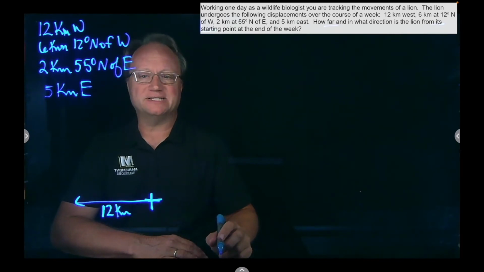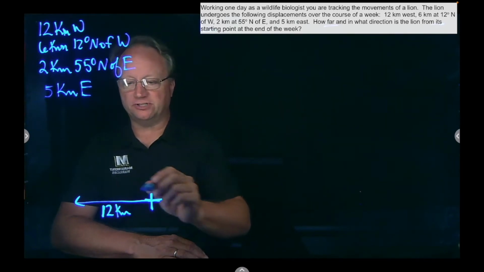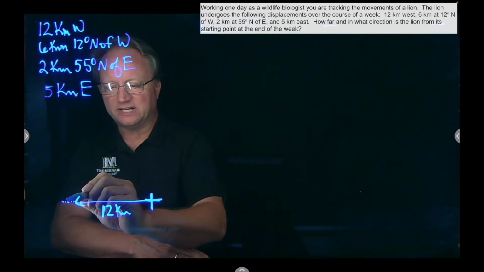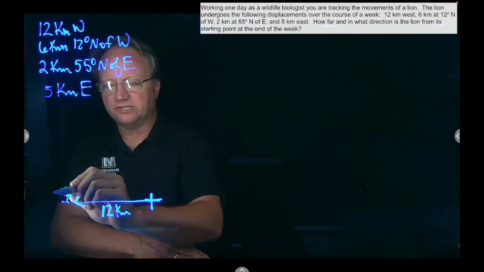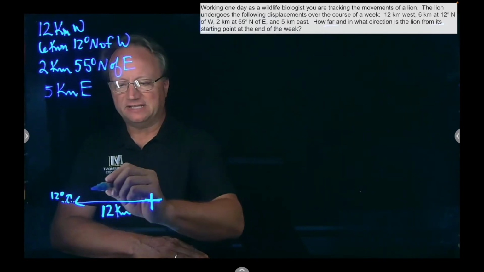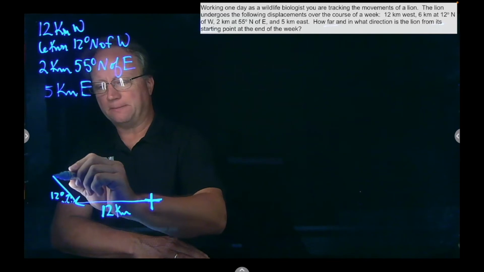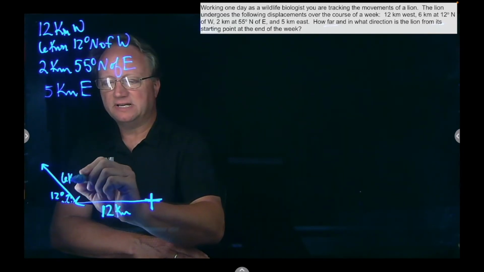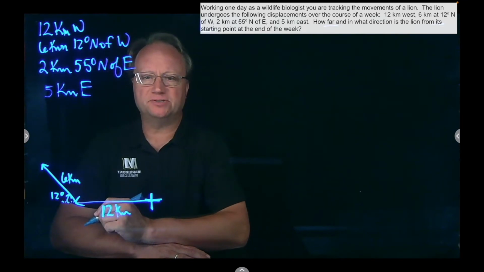Now, followed by 6 kilometers at 12 degrees north of west. So from here, that's west. I want to rotate 12 degrees north of there, and then I have a vector half as long. So right about there, and that would be our 6 kilometers.